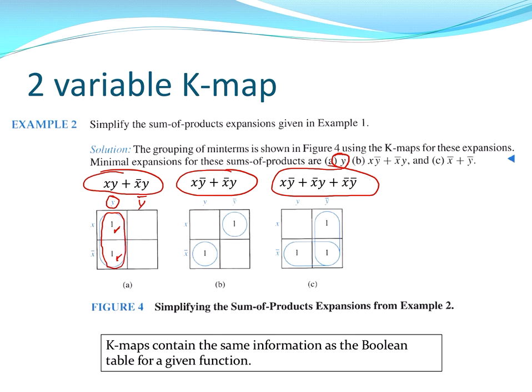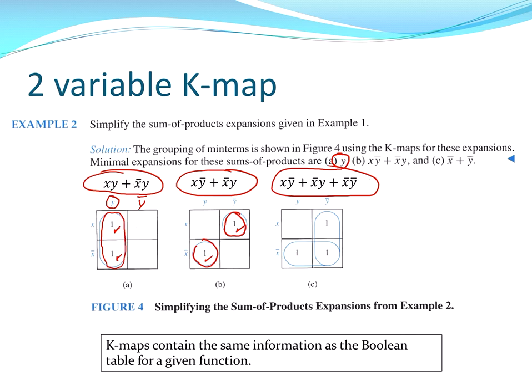Let's look at the second one. So when x is 1 and y bar is 1, I get this one. And when x bar is 1 and y is 1, I get that as a 1. And it turns out that these groupings have to be contiguous and compact. And so the largest grouping I can cover these ones with are groups of size 1, that is 2 to the 0 power.